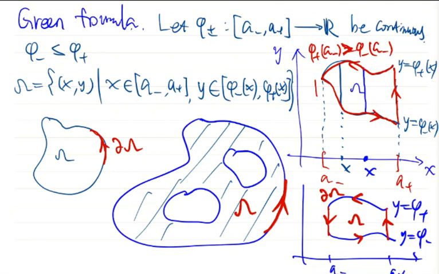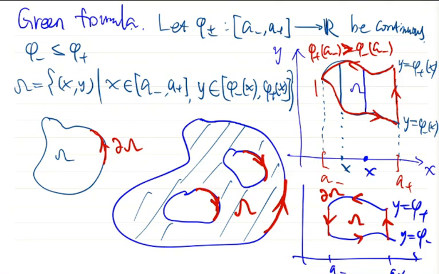But the orientation on the other parts of this domain is this way, so that you go along this curve, the omega lies on your left. Similarly, this part is also oriented in this direction. That is, on the outer boundary curve, you go anti-clockwise, and on the boundary inside the domain, you go clockwise.